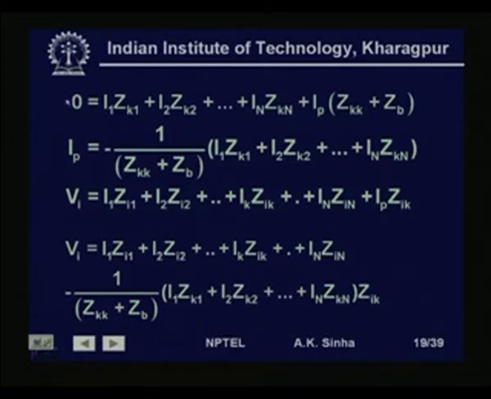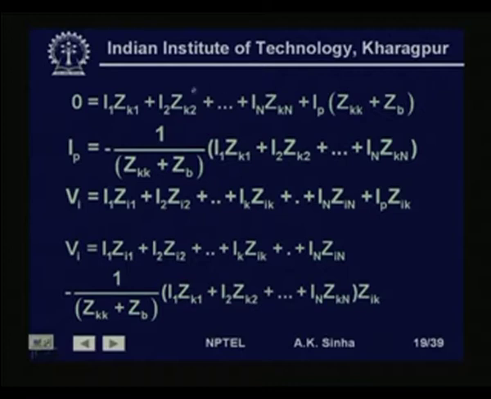So, we can write this as minus IP into Zkk plus Zb is equal to this term, or we can write IP into Zkk plus Zb is equal to minus of all these terms, right, minus I1 into Zk1 minus I2 Zk2 and so on minus In Zkn.